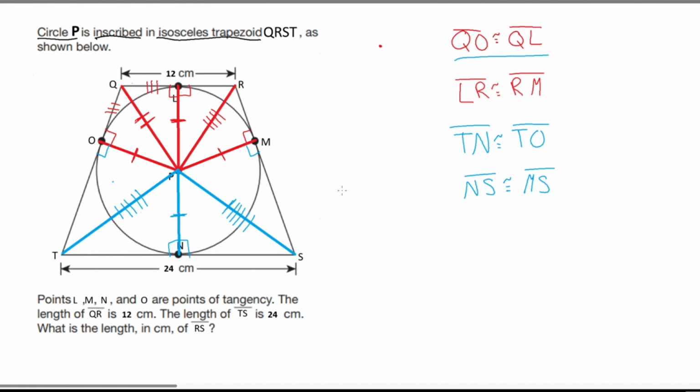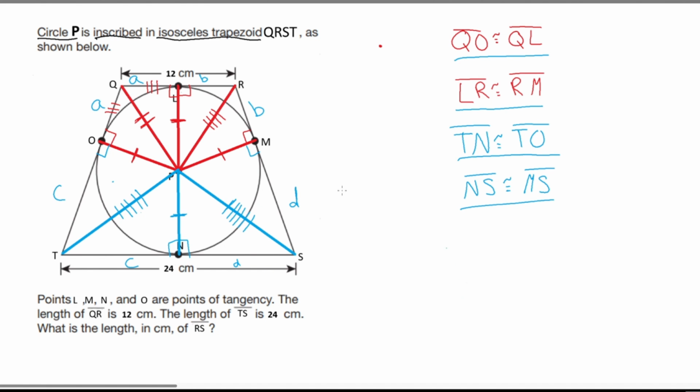We're going to label that as A, because they're congruent. And then we know that LR is congruent to RM, so we're going to label that as B. And we know that TN is congruent to TO, so we'll label this as C and C. And finally, NS and MS are congruent, so we'll label this as D and D.